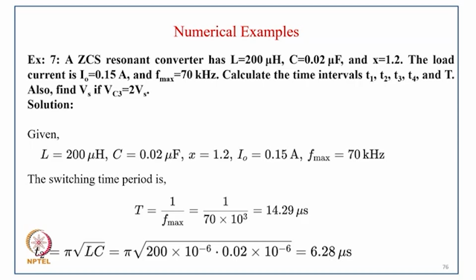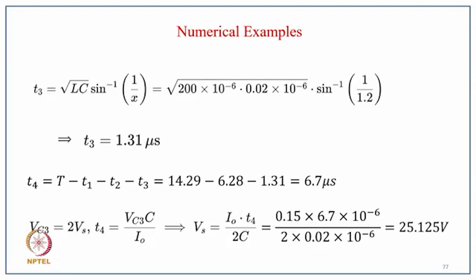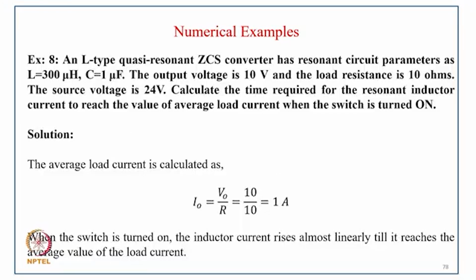So switching period is T equal to 1 upon F max, and putting value, it comes 14.29 microsecond, and T2 is pi under root LC, putting value, it comes 6.28 microsecond, and T3 is under root LC sine inverse 1 upon X. So putting value, T3 comes 1.31 microsecond, and T4 is T minus T1 minus T2 minus T3. So T4 comes 6.7 microsecond, and VC3 equal to Vs, that is T4 from here is VC3 C upon I0. So Vs comes here 25.125 volt.